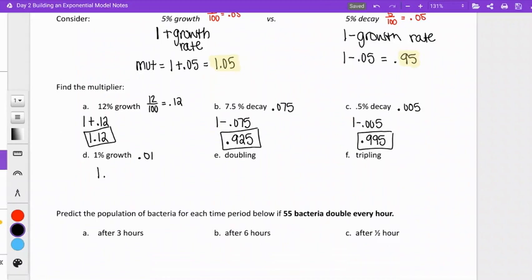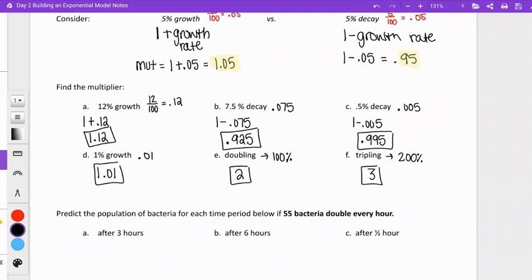So we're looking at 1.01. If something doubles, it's growing at a rate of 100%, which means your multiplier is just going to be 2, 1 plus 1. And if something triples, it's growing at a rate of 200%, which means your multiplier is just going to be 3.